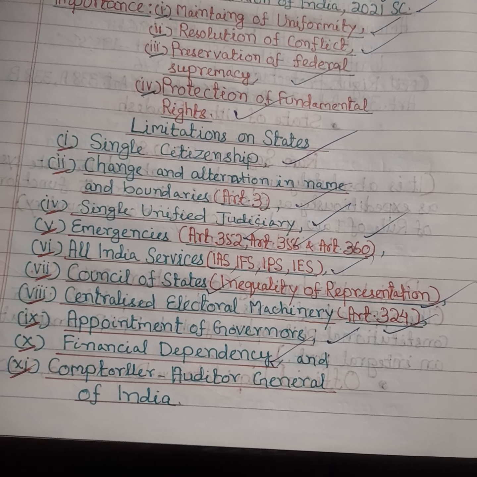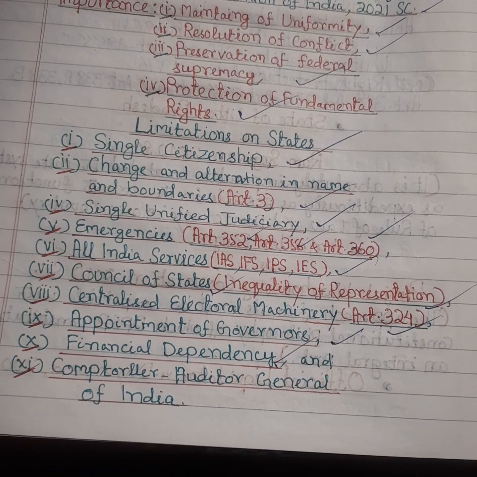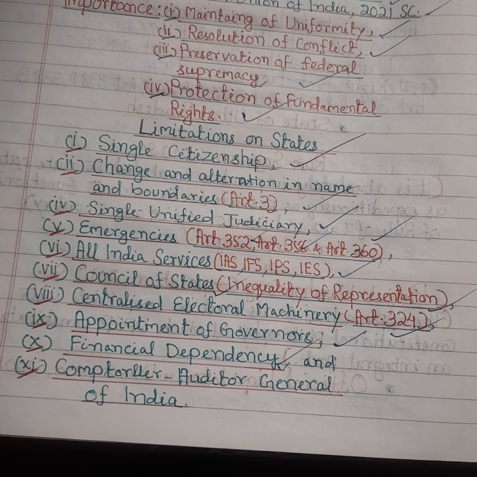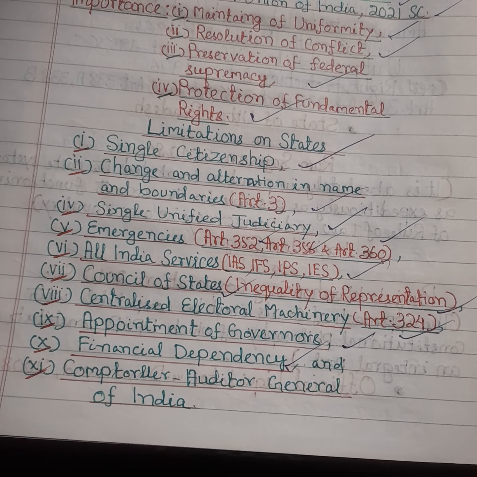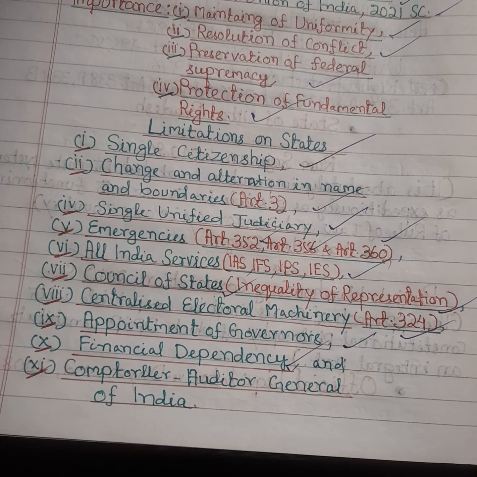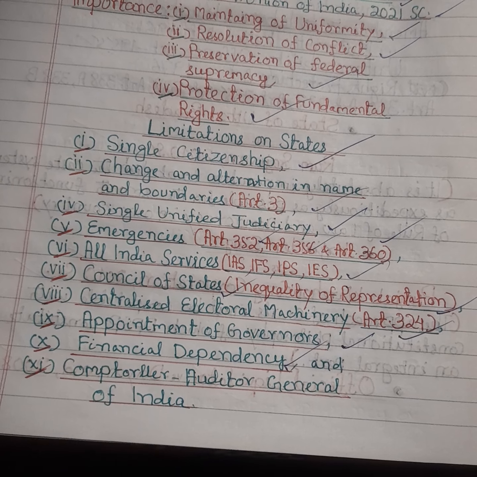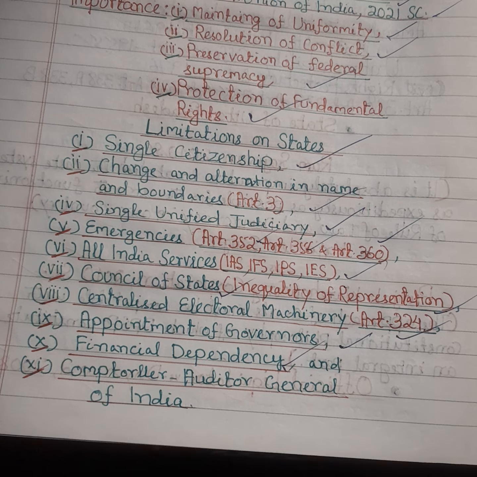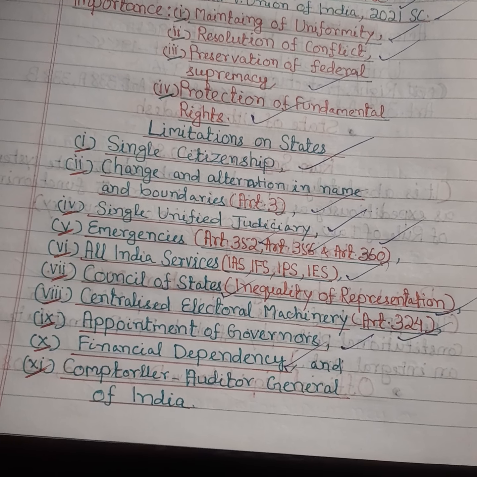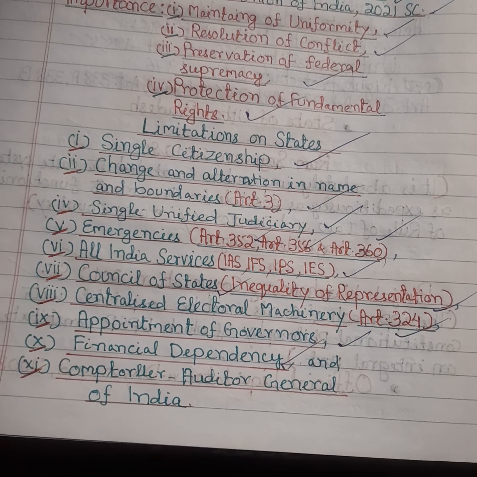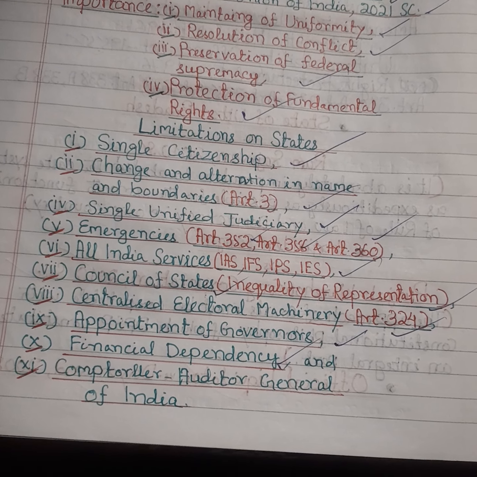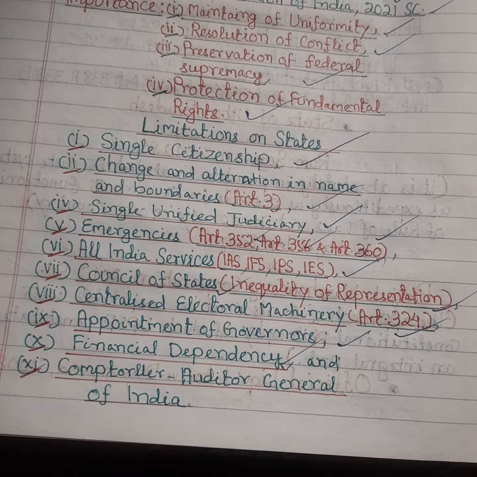and in relation to that, the Constitution itself provides the establishment and constitution of the Finance Commission, and that Finance Commission would allocate the funds as required by the states. So also in this regard, the parliament and the center play the dominant role.